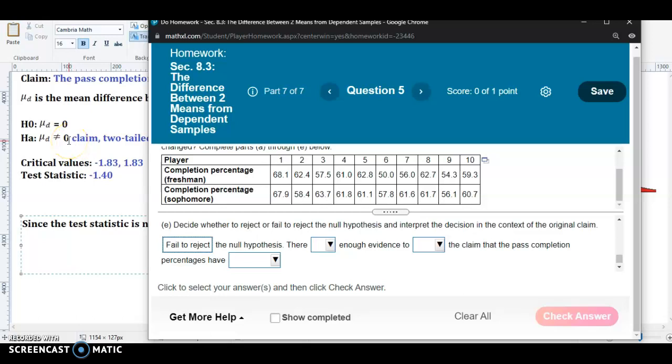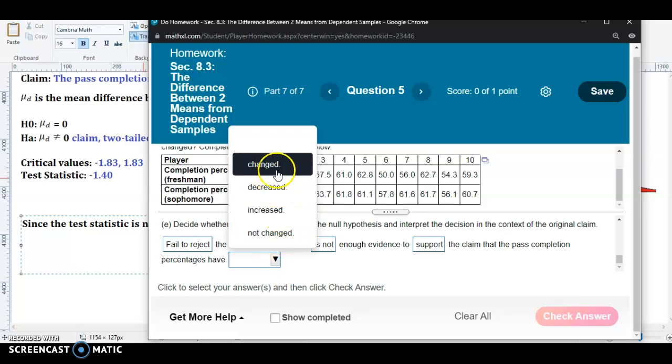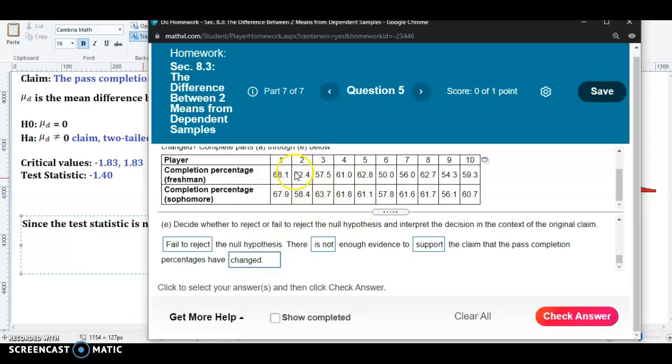Because we do not reject the null hypothesis, we don't have enough evidence to support the alternative hypothesis. In other words, there is not enough evidence to support the claim that the pass completion percentages have changed. Statistically speaking, even though these numbers are different, they are not different enough to indicate a significant change in the pass completion rates for quarterbacks between their freshman years and their sophomore years.